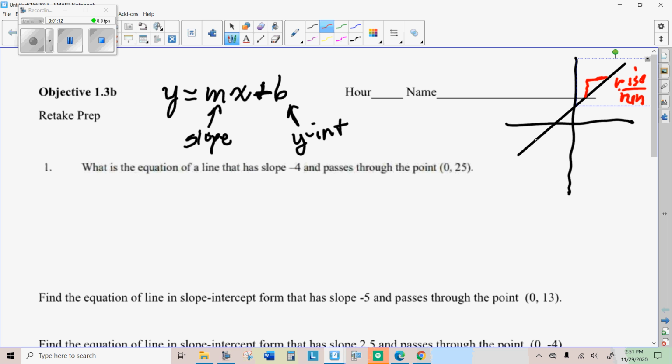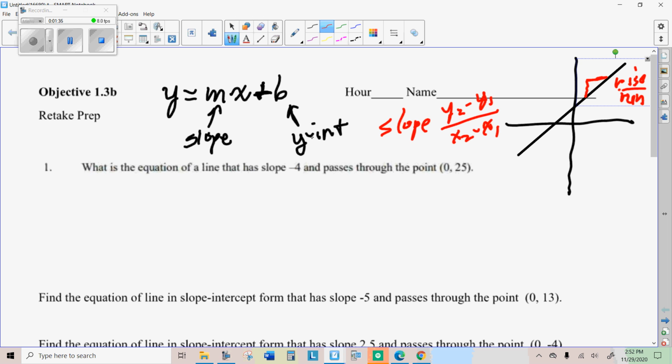That's the slope. The other way you can find the slope is by using the coordinates, subtracting the y coordinates to get the rise, subtract the x coordinates to get the run. Now remember, your calculator can help you with this too. If you need to find the slope accurately, just put it in your list and run the linear regression, and that'll help you find the slope.